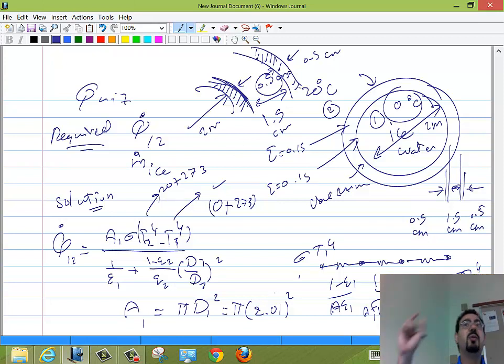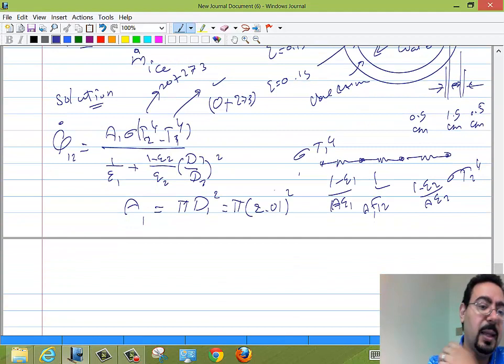The thickness of the wall is 0.5 centimeter on one edge and 0.5 on the other edge, so that's 1 centimeter. So the diameter of the inner surface is not 2, that's the inner diameter. The diameter is actually 2.01.